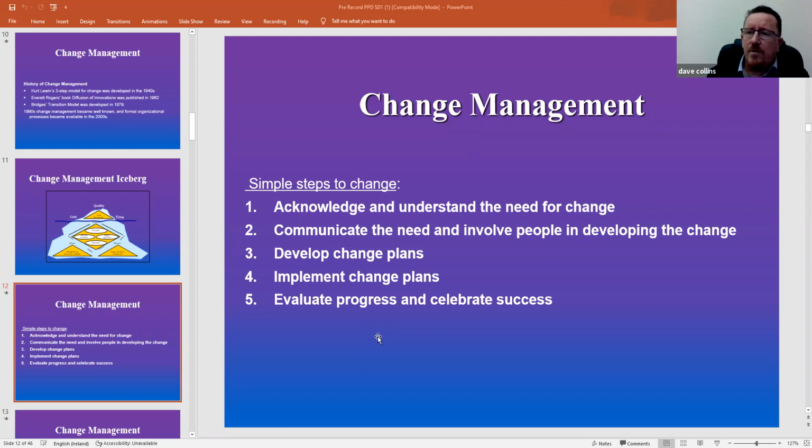Who are the people who are going to be involved in this? You need to communicate well with them. Then you develop your plans, implement the plans, evaluate their progress, and hopefully celebrate their success. It sounds simple, doesn't it?